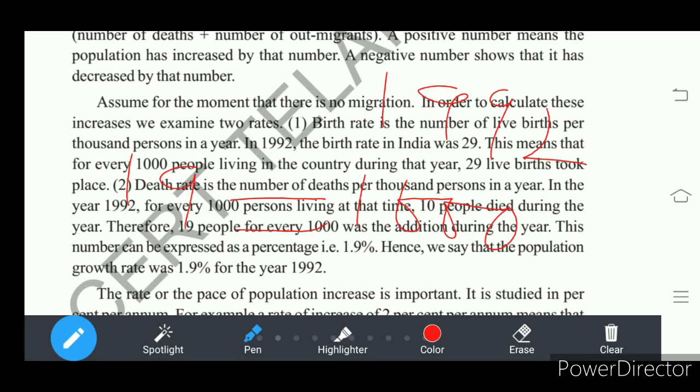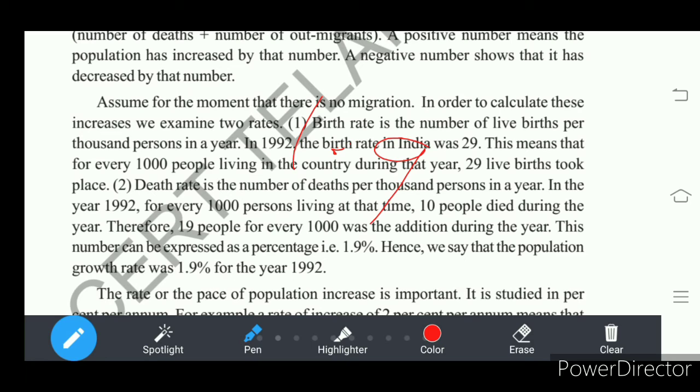Okay, when we want this in a percentage, we have to multiply. Converting into percentage, it will come to 1.9, right? How? We'll see that here. It was 19. When we want to convert into the percentage, it becomes 1.9.